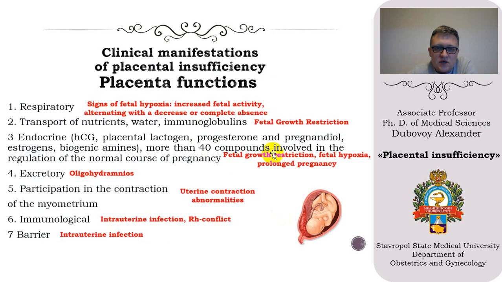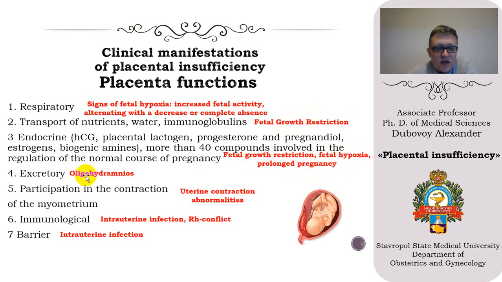I showed this slide at the beginning of this lecture, and this is how placenta insufficiency manifests itself depending on the function of the placenta. Respiratory function: signs of fetal hypoxia, increased fetal activity alternating with a decrease. Transport of nutrients, water, immunoglobulins: fetal growth restriction. Endocrine function: fetal growth restriction, fetal hypoxia, prolonged pregnancy.